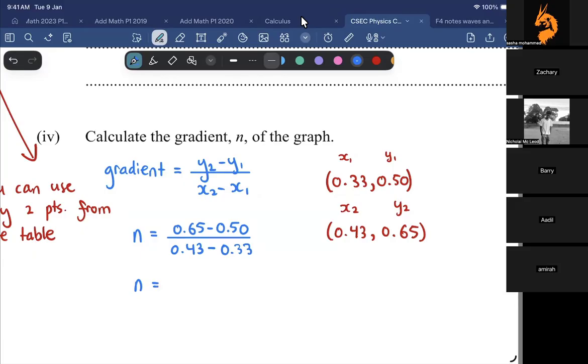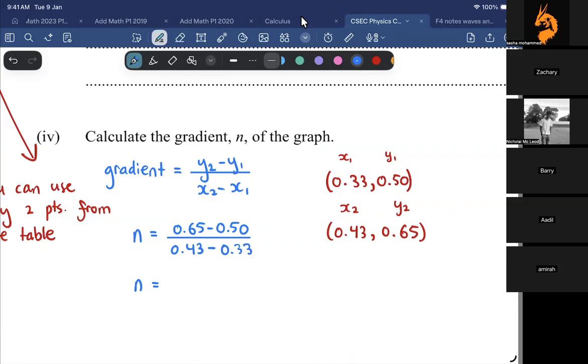Amira or anybody in class, plug this into your calculator and let me know what you get. What are you guys getting?